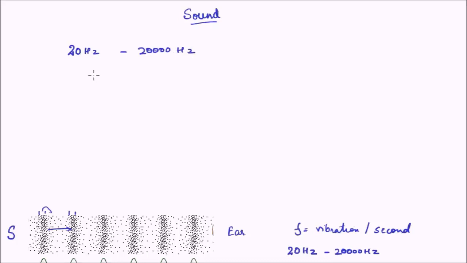and any sound below 20 Hertz, less than 20 Hertz, is called infrasonic. And sound more than 20,000 Hertz is called ultrasonic.